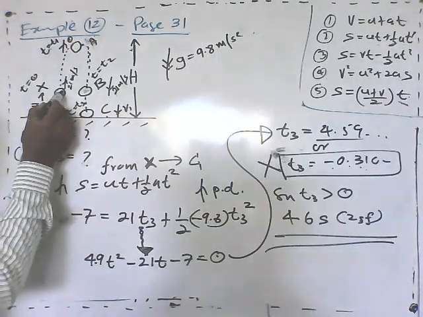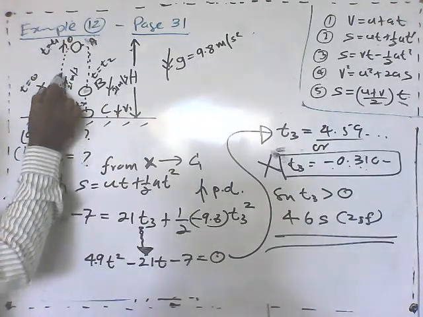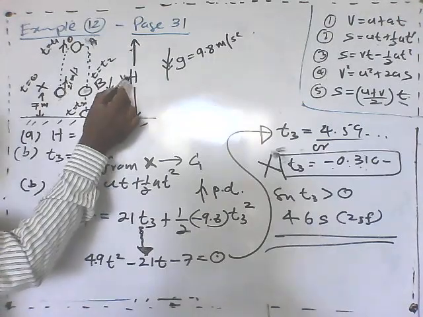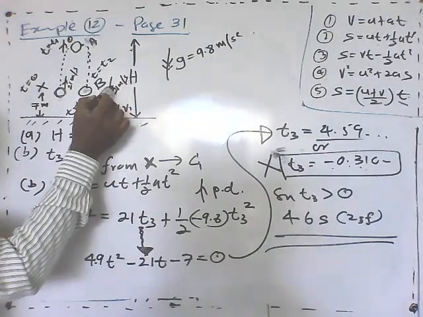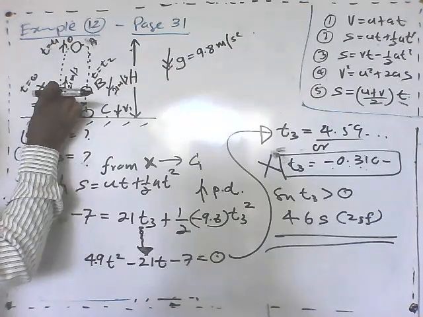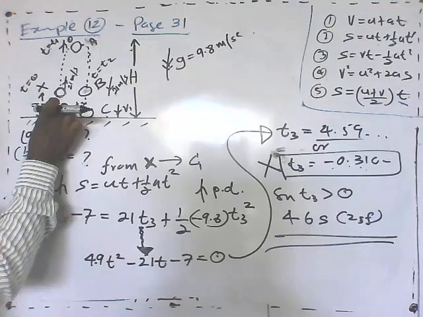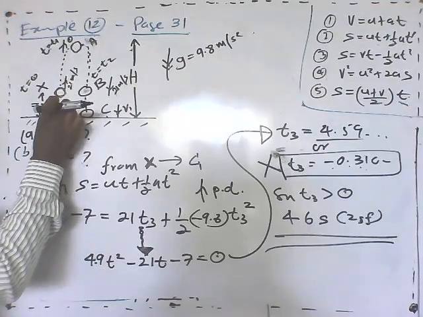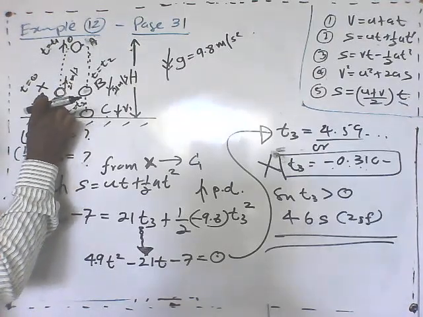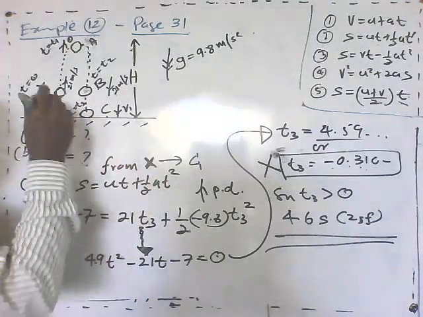Now the particle, when t is 0, is here at the point x, and he is going in this direction under gravity. So actually a little bit before, he should be below this point, and the velocity should be greater and greater. So that means minus 0.31 is also valid, but the trouble is there is no data.